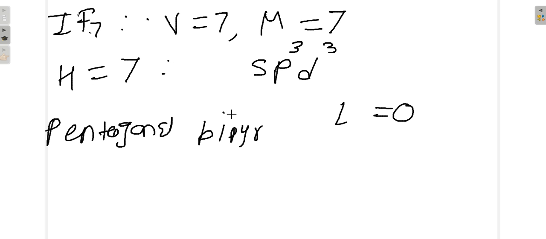Because the number of lone pairs will be 0: H is 7, M is also 7, 7 minus 7 will be 0. So it will be a pentagonal bipyramidal.